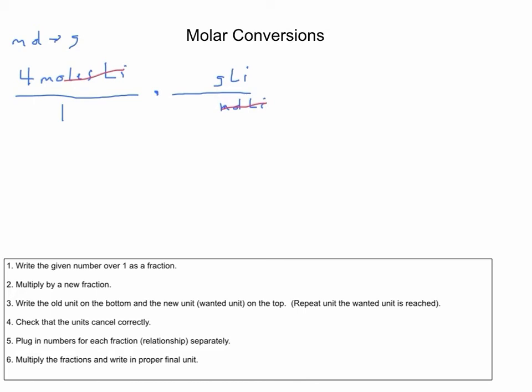Well, you may be saying, I don't know what this relationship is. Well, if you ever have grams over moles, or moles over grams, this relationship is the molar mass.